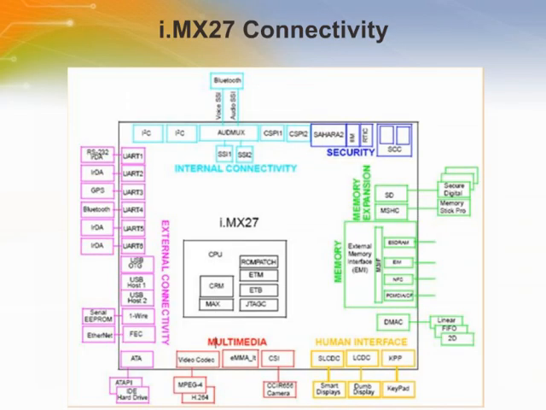The diagram describes how the modules within the i.MX27 processor interface with each other and provides a high-level overview of how the architecture of the buses are configured and multiplexed.